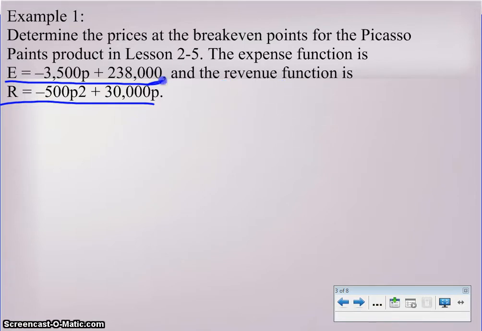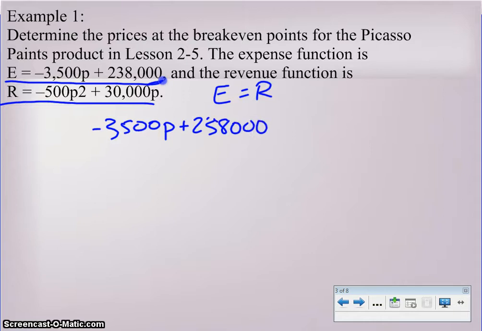I'm going to move this around just because it'll save me a little bit later. So for expense, we have negative 3,500p plus 238,000 equals the revenue, which is negative 500p squared plus 30,000p.